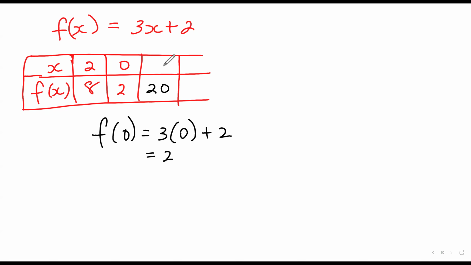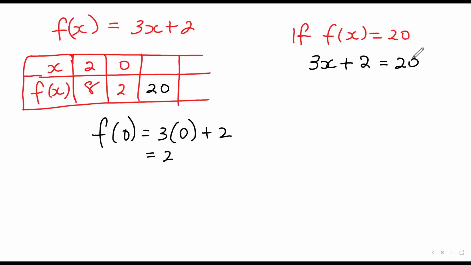In other words, if f of x is equal to 20, then what value would x be? The only information we have is that f of x is equal to 3x plus 2. So if f of x is equal to 20, then we are saying that 3x, when we add 2 to that, gives us 20. So now we're working backwards, from f of x to get x.